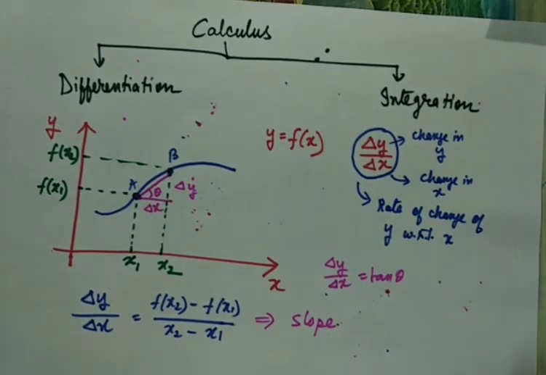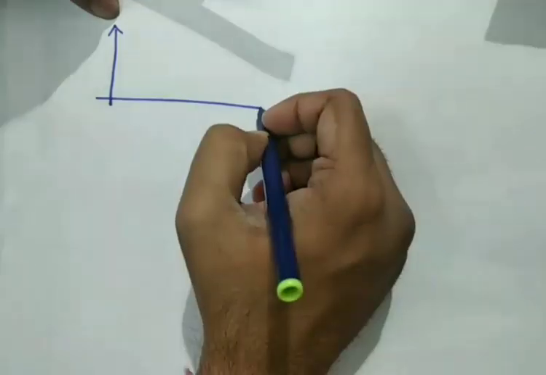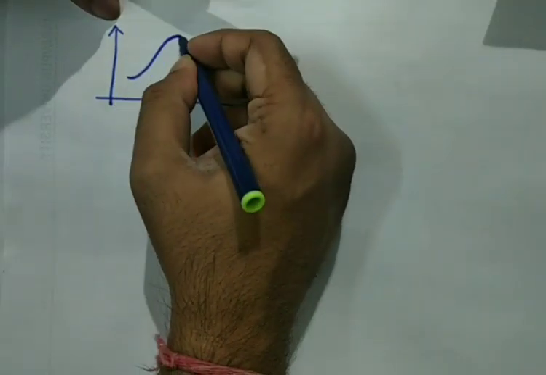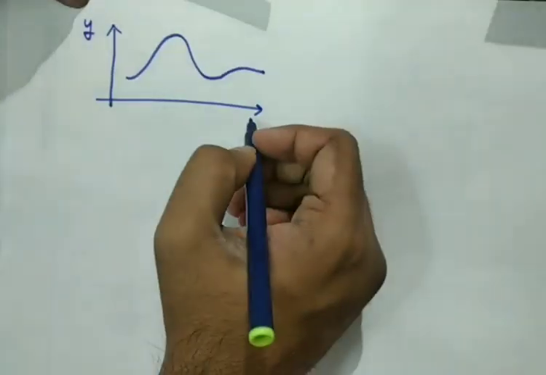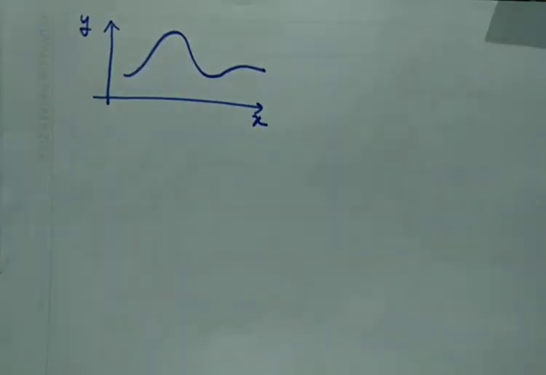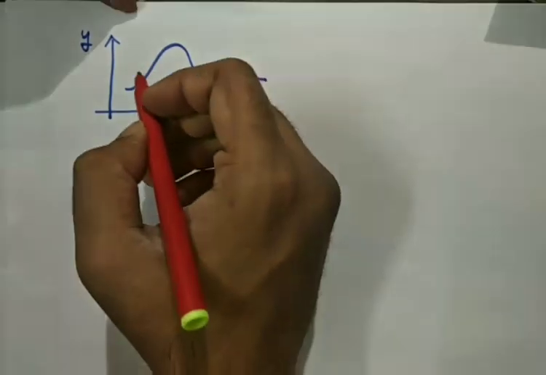Now the next concept, let's discuss. We have a curve like this. Let's consider various points.